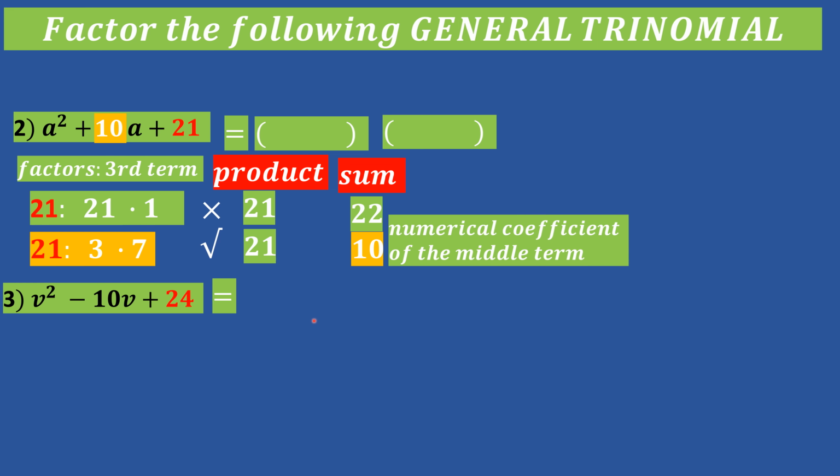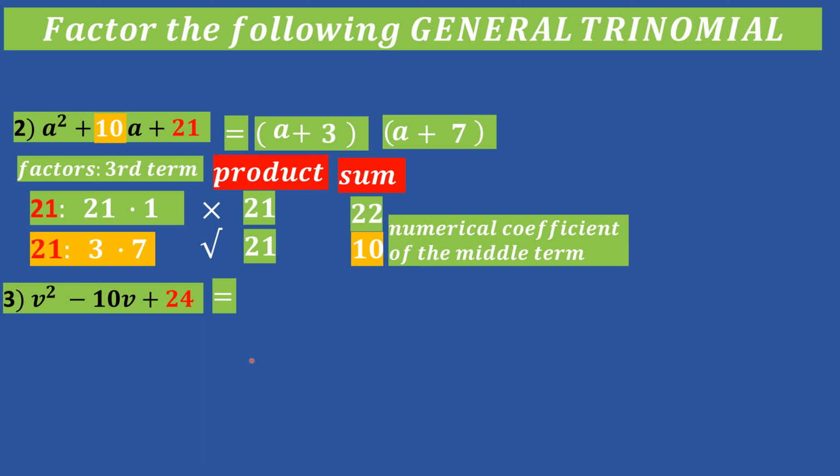So only 3 times 7 are the correct factors. The square root of the first term is a, so a times a, while the correct factors are positive 3 and positive 7. So that will be (a plus 3) and (a plus 7).